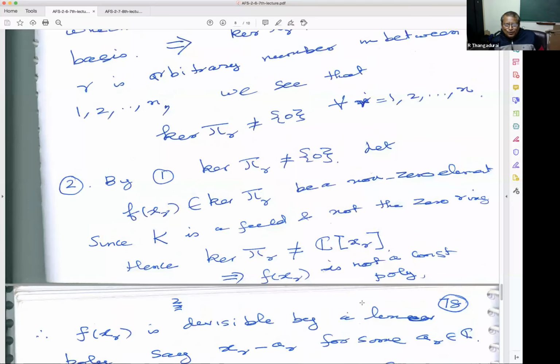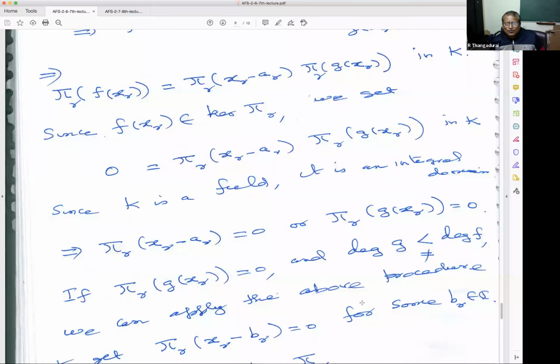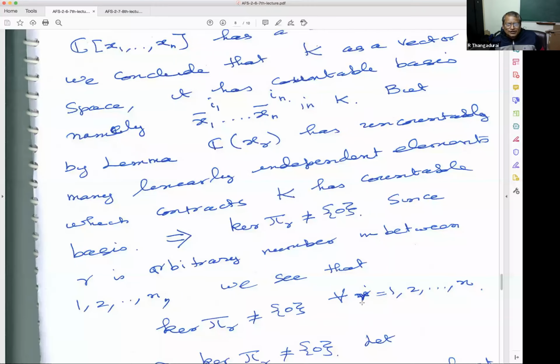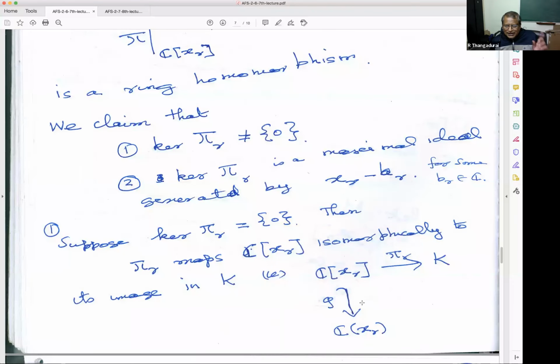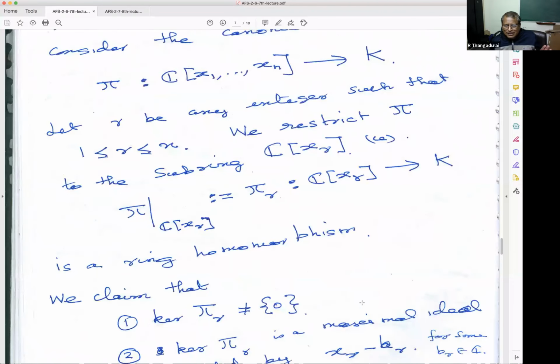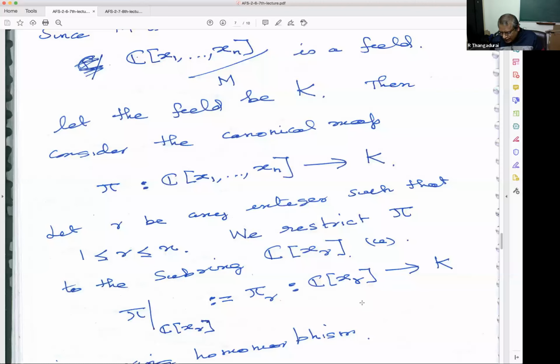So what we are trying to prove: first we start with a general maximal ideal m. We want to prove that this m is nothing but ma, where a is some point in Cn, that is, the kernel of the substitution homomorphism with respect to that point. This is what we want to prove.